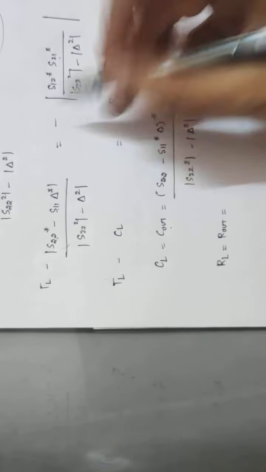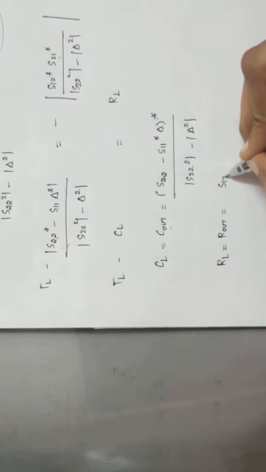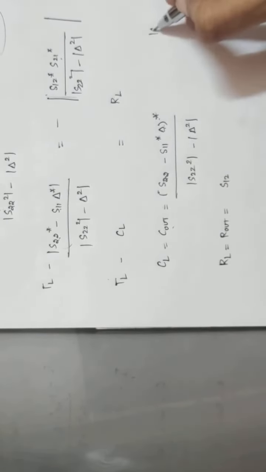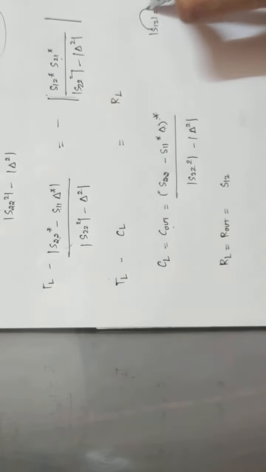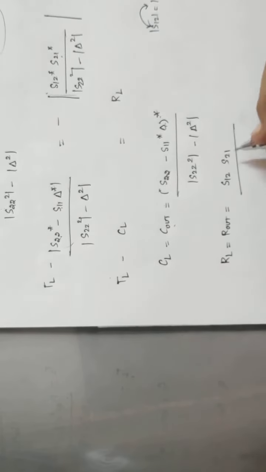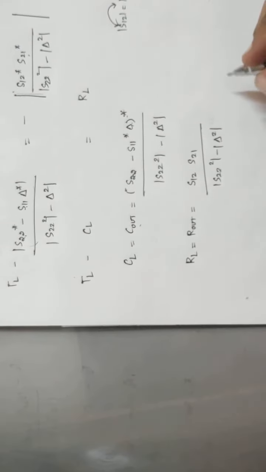Negative can be avoided because radius is just a numerical quantity. The conjugate of S12 is similar to S12, we can write S12 to be equal to the S12 conjugate, both are the same. So I'm just going to write this as S12 S21 divided by mod of S22 square minus del the whole square.